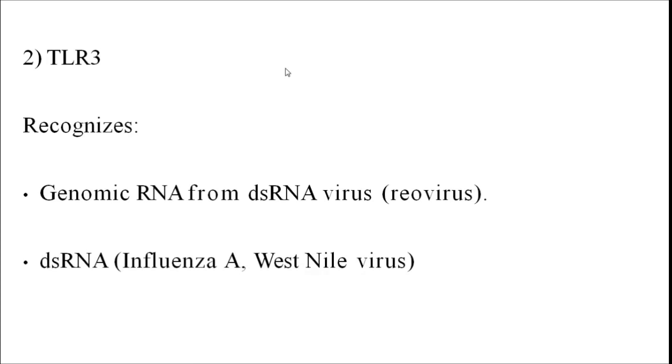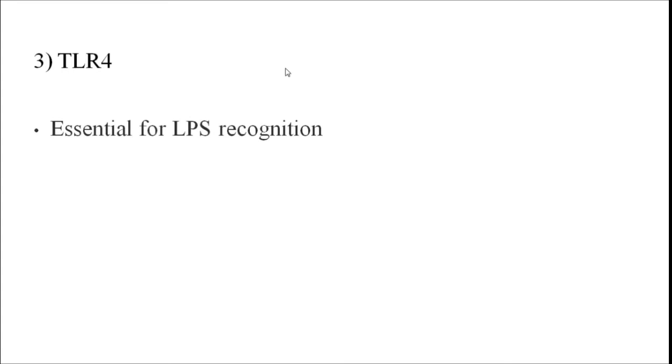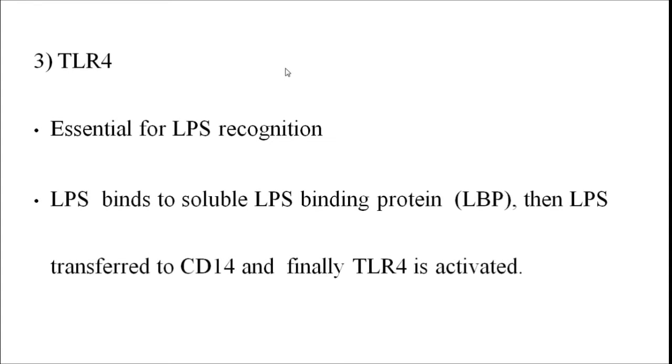Toll-like receptor 3 mainly recognizes genomic RNA from different double-stranded RNA viruses, such as the influenza virus or the West Nile virus, and double-stranded DNA from the herpes simplex virus. Toll-like receptor 4 recognizes different lipopolysaccharides. These lipopolysaccharides bind to the soluble lipopolysaccharide binding protein and are then transferred to CD14, which helps in activation of toll-like receptor 4.